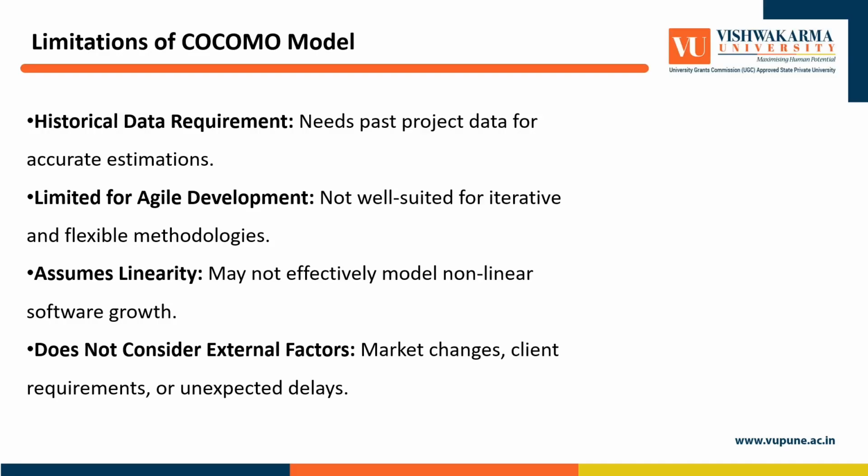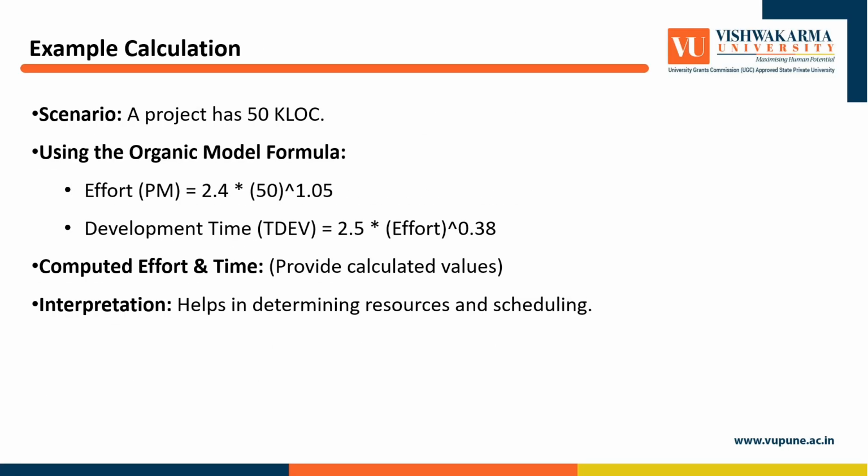Example calculation. Let's look at a quick example using basic Cocomo. Suppose we are developing a 32 KLOC project of organic type. Constants for this type are A is equal to 2.4, B is equal to 1.05, C is equal to 2.5, and D is equal to 0.38.